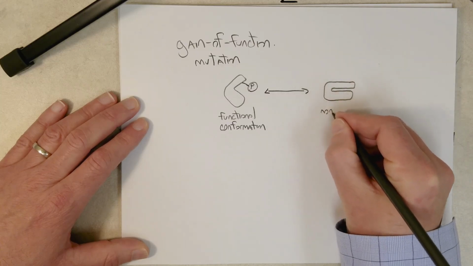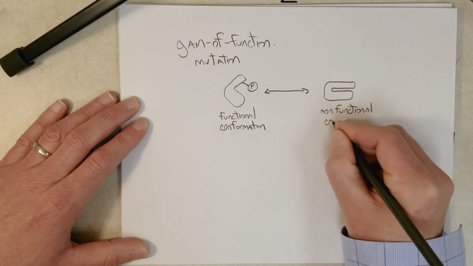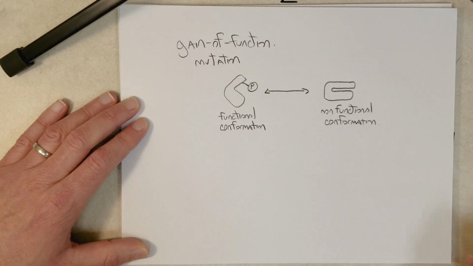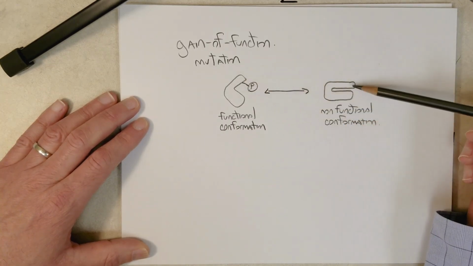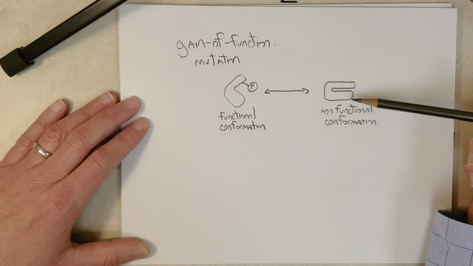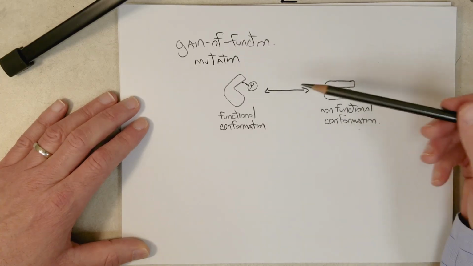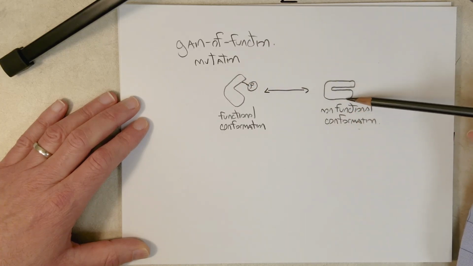And this is the non-functional conformation. So when that amino acid, whatever it is, is not phosphorylated, the non-functional conformation is adopted. Conformation is the structure of the protein. So when that amino acid is not phosphorylated, it's in the non-functional conformation.